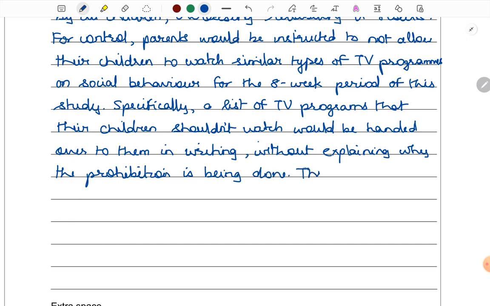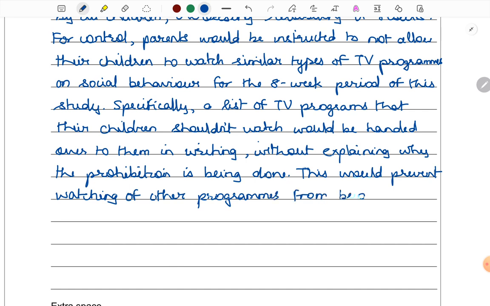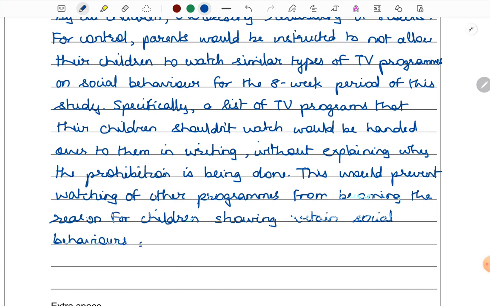This would prevent watching of other programs from becoming the reason for children showing certain social behaviors rather than the planned programs.